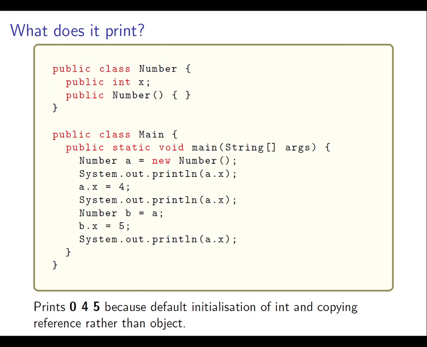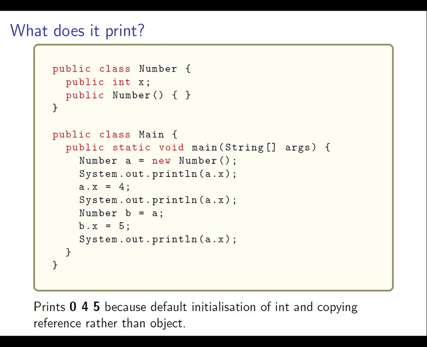The next thing we do is we create a new reference to a number object, which is b, and we make it point to the very same number object as a. So a and b are now two different references to the same number object. Okay? And then we set the public instance variable x of that one object to 5. We could have done it by going a.x equals 5, or we could have done it by going b.x equals 5.